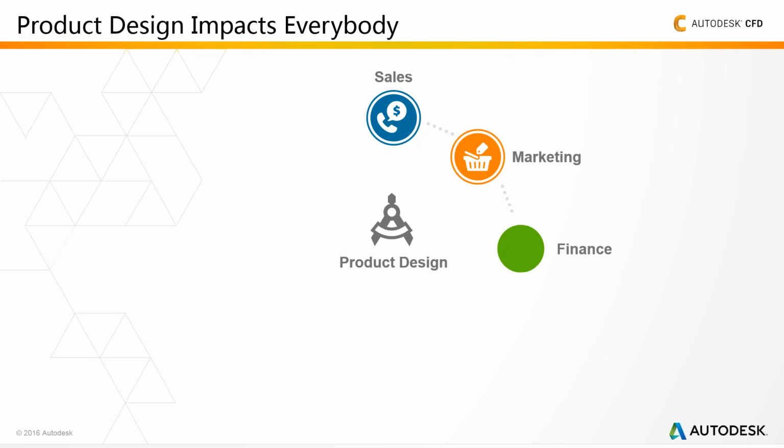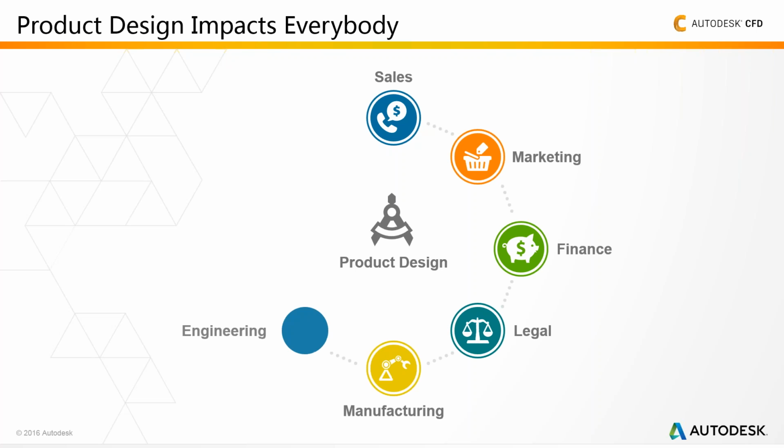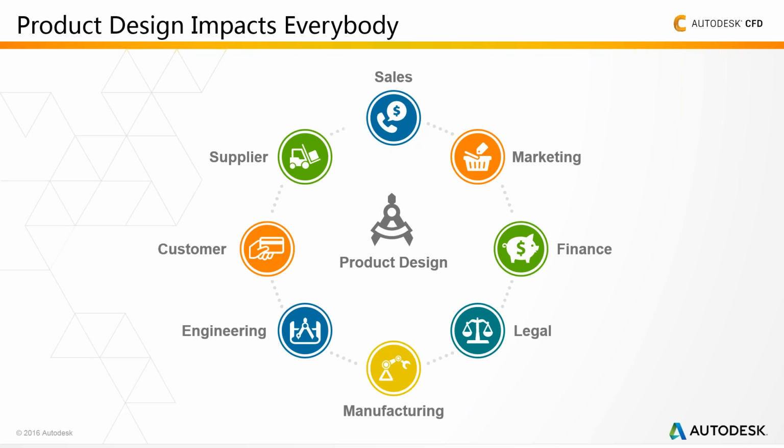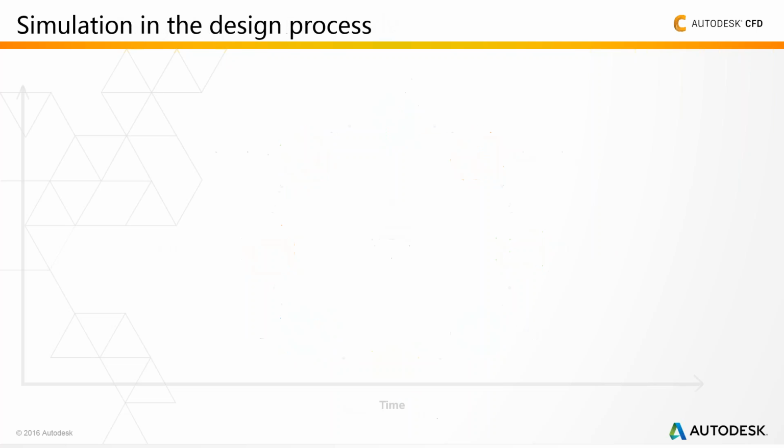The reason for this is product failure has far-reaching implications in an organization, far beyond engineering department. So we want to basically use any techniques we have at our disposal early in the process to ensure a product that performs properly.